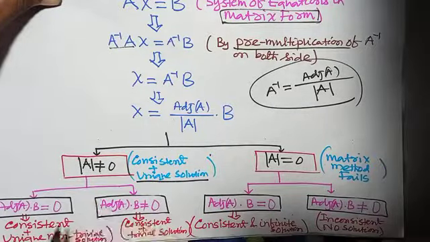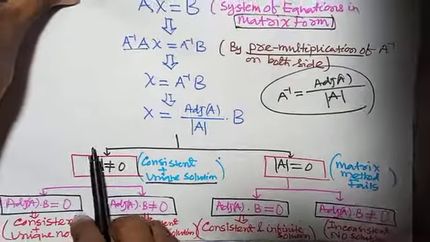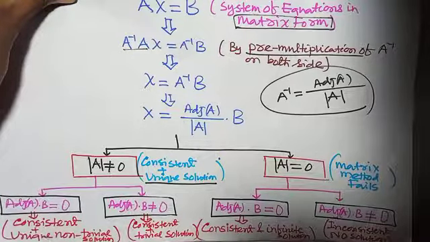Again we have to check the value of adjoint of A multiplied by the B matrix. If adjoint of A into B matrix is a null matrix, then we say this system of equations is consistent, having a unique non-trivial solution.